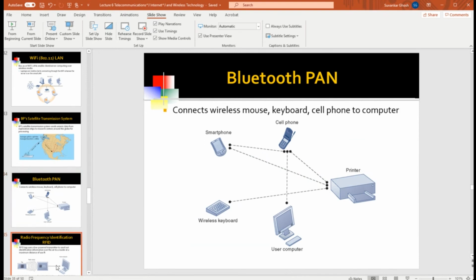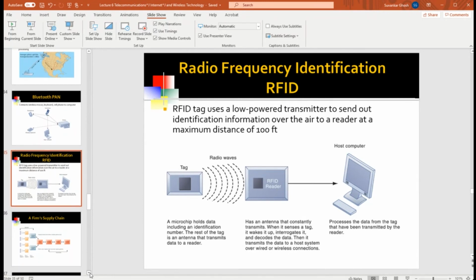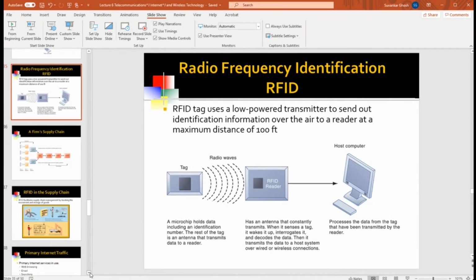A more interesting wireless technology really is RFID. RFID is about the replacement of barcodes, which are scanned by hand to see what's the identity of the parcel. That optical scanning done by hand is being replaced by RFID.